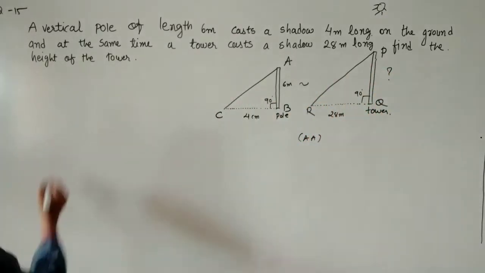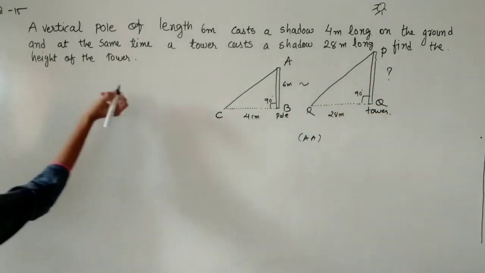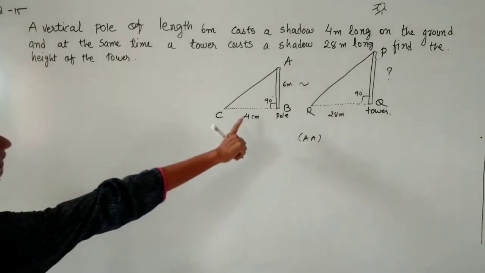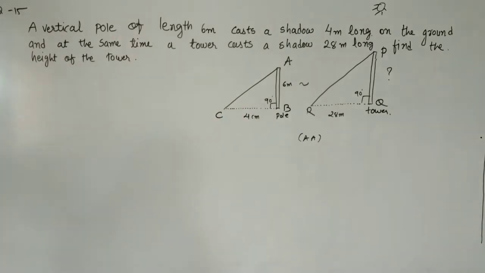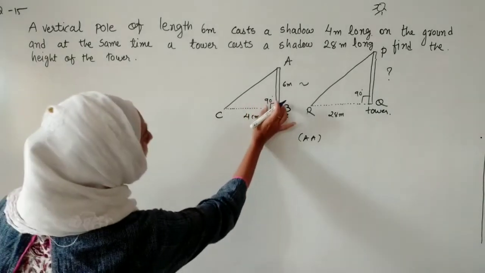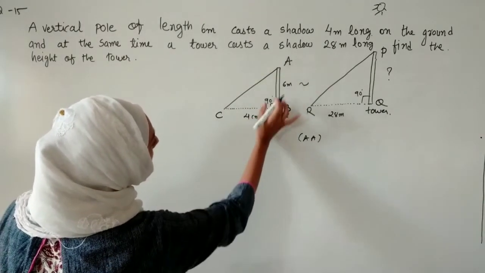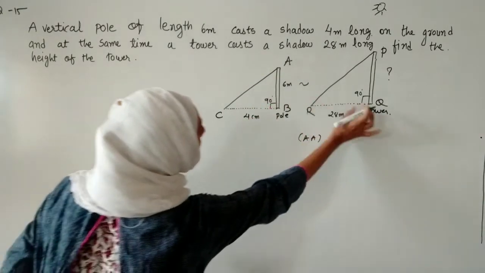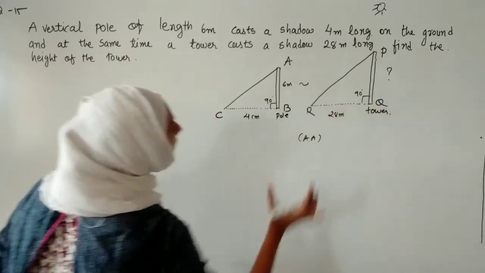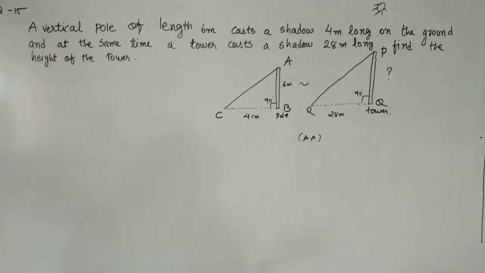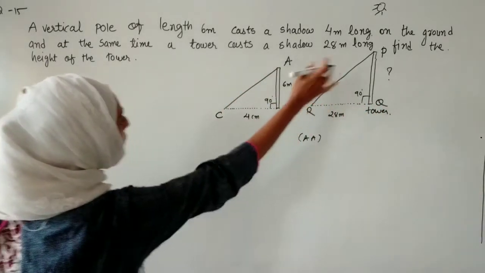So here I am beginning the process. One angle is given to us as 90. As you know, if one angle is 90 and another angle of another triangle is also 90, the remaining angle will also be the same.